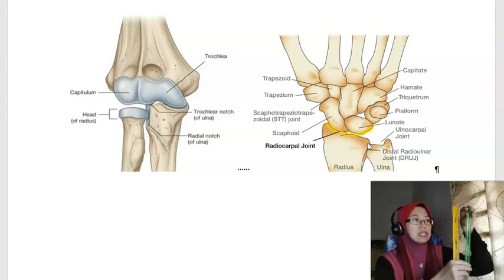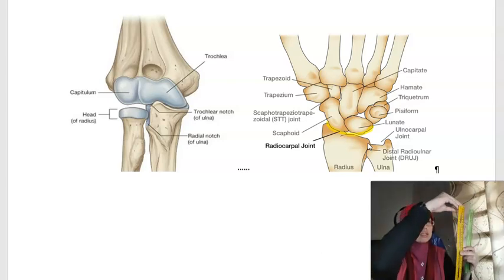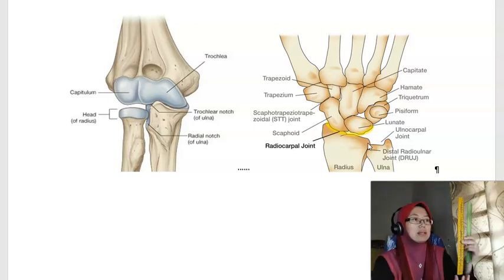For the radius, the head, the proximal part, is small, and the distal part is big. For the ulna, the proximal part is big, but the head, the distal part, is small.